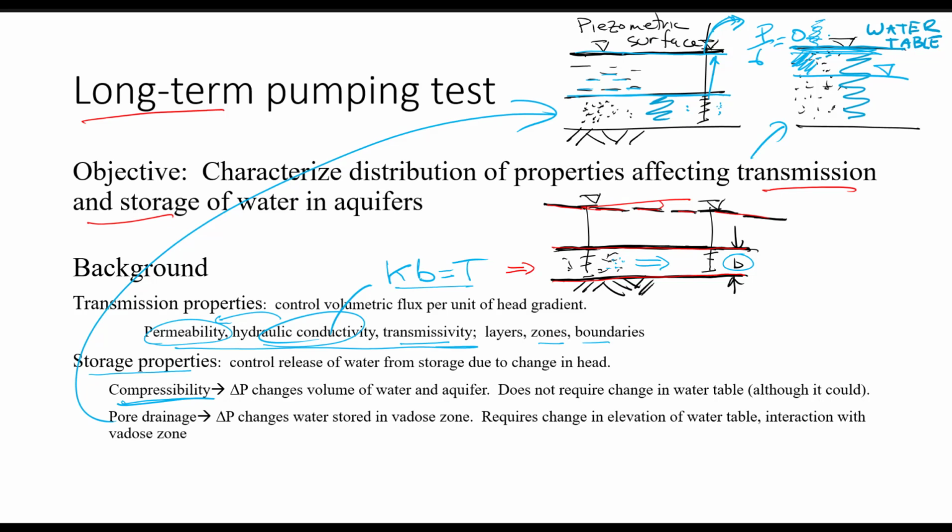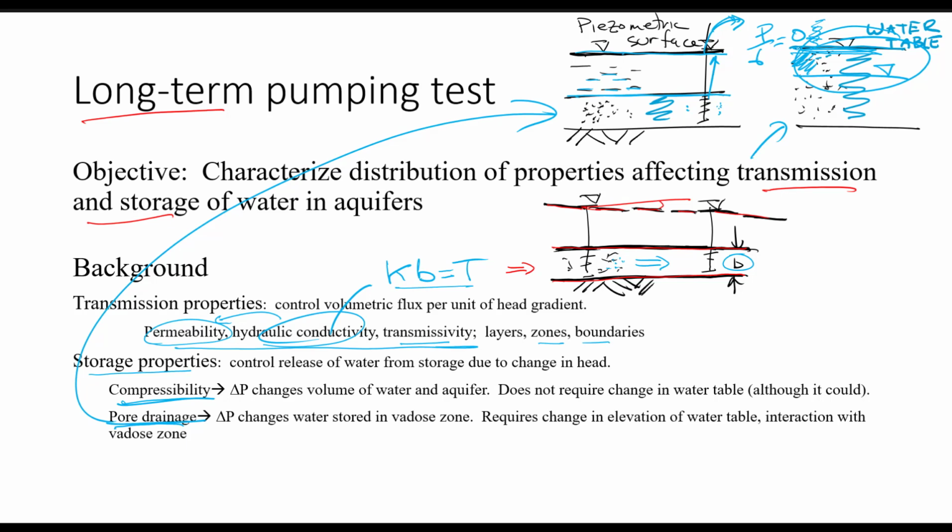Releasing water from storage due to draining of the pores, where the water drains out and air enters the pores, is this additional mechanism of releasing water from storage. It really only happens when the water table is involved. So those are two important storage properties.